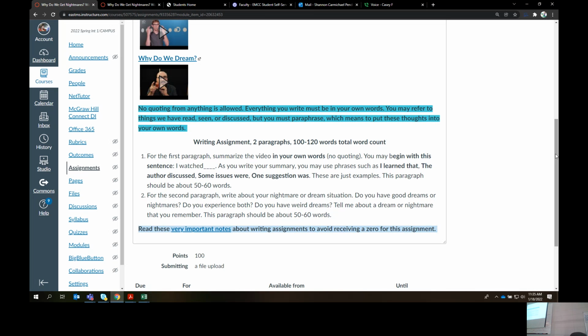A little bit easier to understand maybe. And here are some sentence beginnings there. If you like them, use them. If you don't, don't.